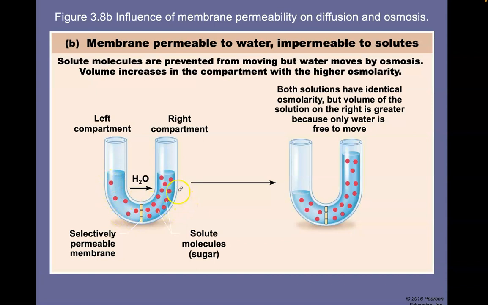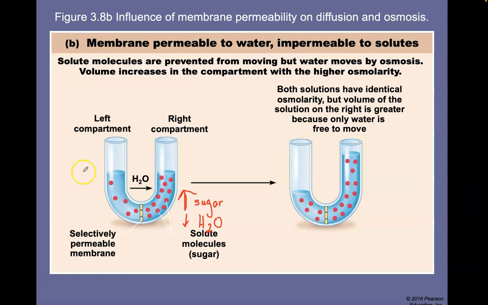I'm going to write this out: high sugar. If we have lots of sugar molecules, that leaves less room for water molecules per this amount of volume. I think sometimes this is the easy way to write out what's going on with osmosis.